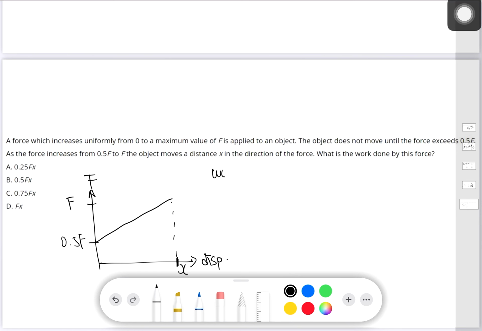Now the work done would simply be the area under the curve, which would be F plus 0.5 F, times x over 2, which is the formula for a trapezium.